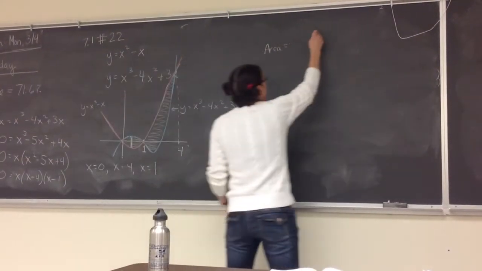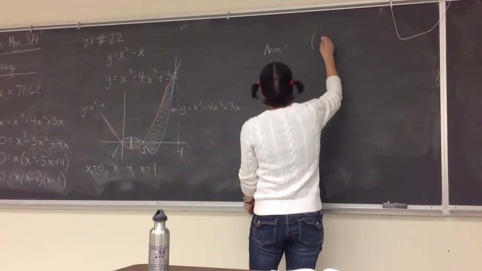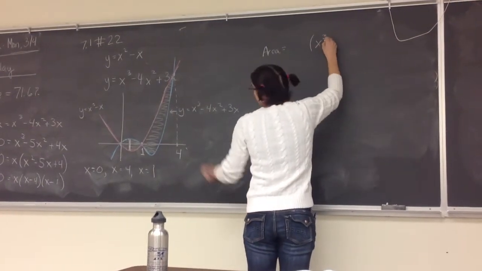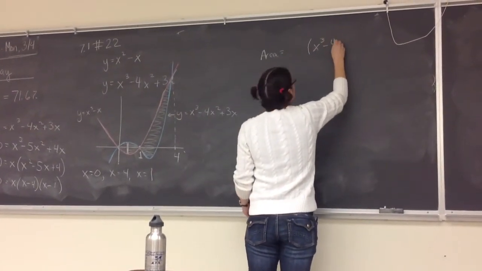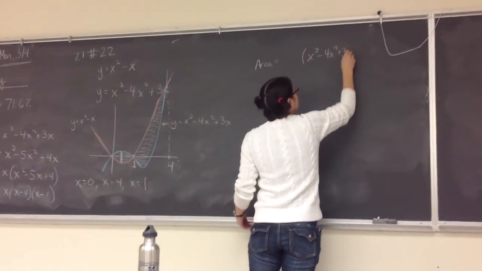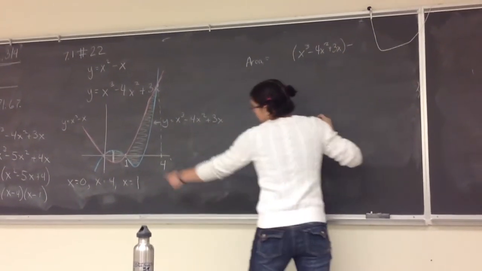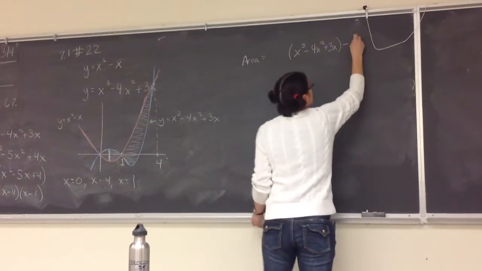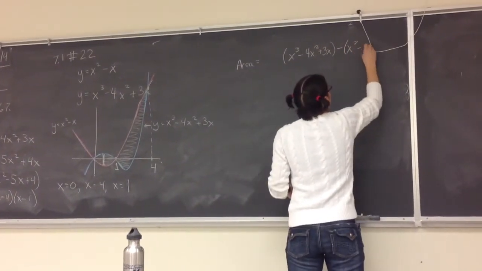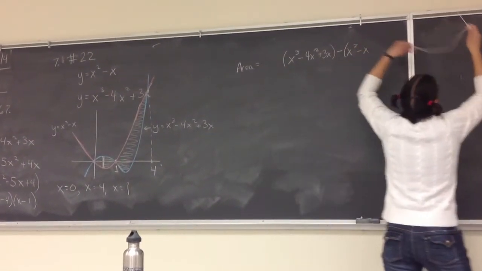Our top is the blue function, x cubed minus 4x squared plus 3x, minus the bottom function, which in this case is the pink one, which is x squared minus x.